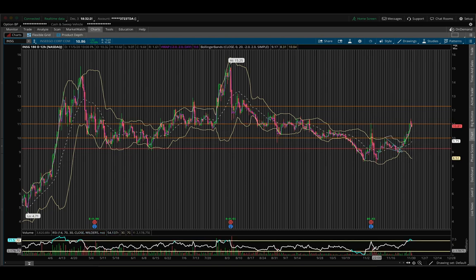So it balanced out with a lot of selling, and then it ended up accumulating with a lot more buying volume. And these pullbacks are natural. So what I was looking for here was just signs of strength and confirmation that it's going to reverse past this and hold this support level, generally $9.